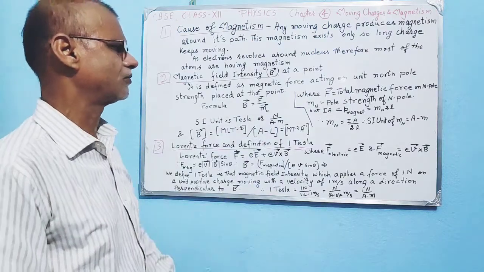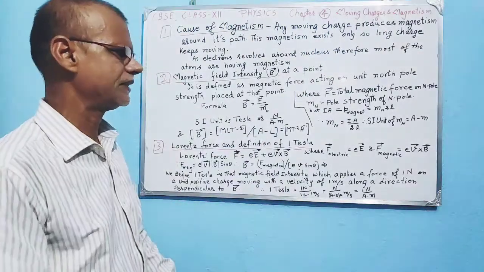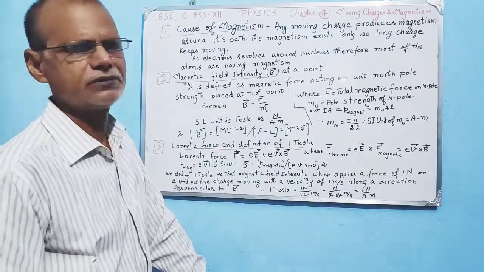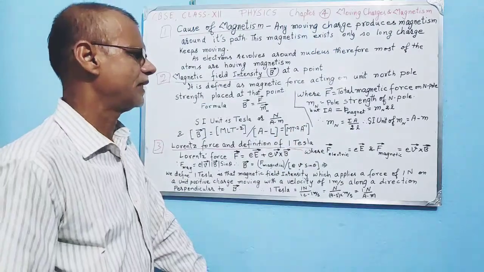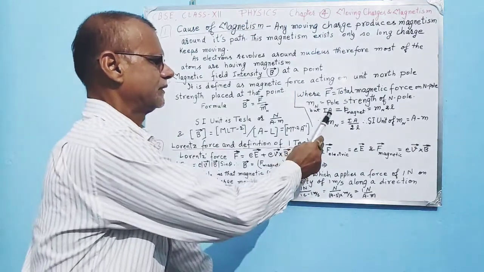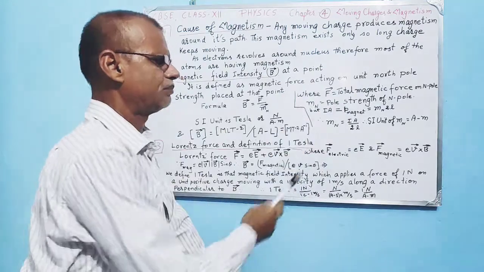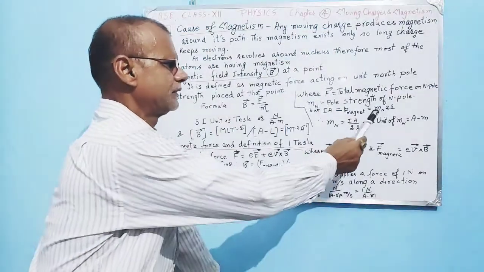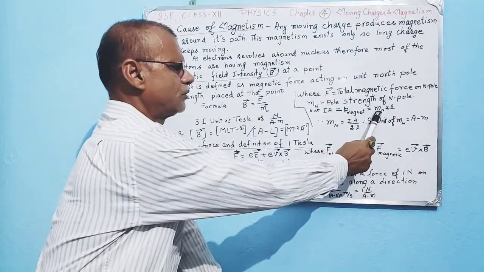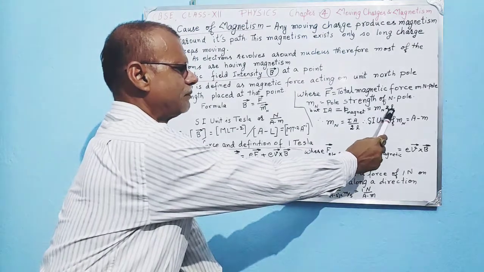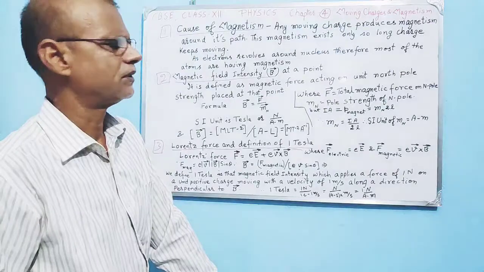How it comes we shall learn in the coming chapter, but for the time being I want to quote the formula which we are using here: magnetic dipole moment is equal to I A. We shall prove it in the coming chapter, and that is also equal to the pole strength multiplied by the length of the dipole.